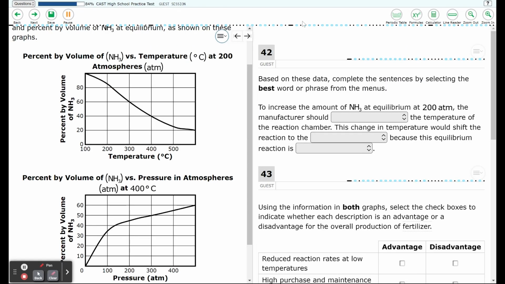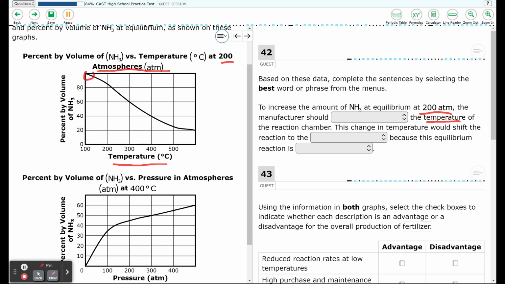All right, we can see here that we're dealing with 200 ATM. That matches the first graph here. So we're going to be focused on this first graph. We can also see we're talking about changing the temperature, which is what we're looking at also in this first graph. To increase the amount of ammonia at equilibrium at 200 ATM, the manufacturer should, well, we want to go to the place where more of the molecules are ammonia because we're trying to produce more ammonia.